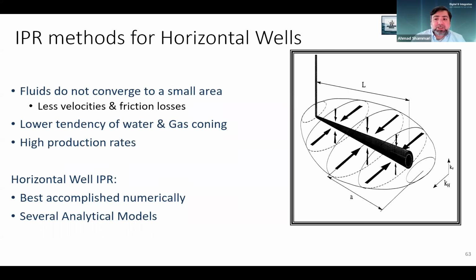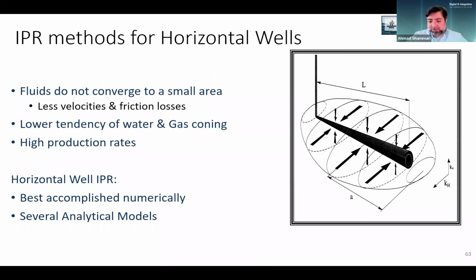IPR methods for horizontal wells. So for horizontal wells, why do we drill horizontal wells? Horizontal wells have been found to be very effective in the last 30, 40 years, okay? Why? Because the convergence is not going into a small area anymore, right?